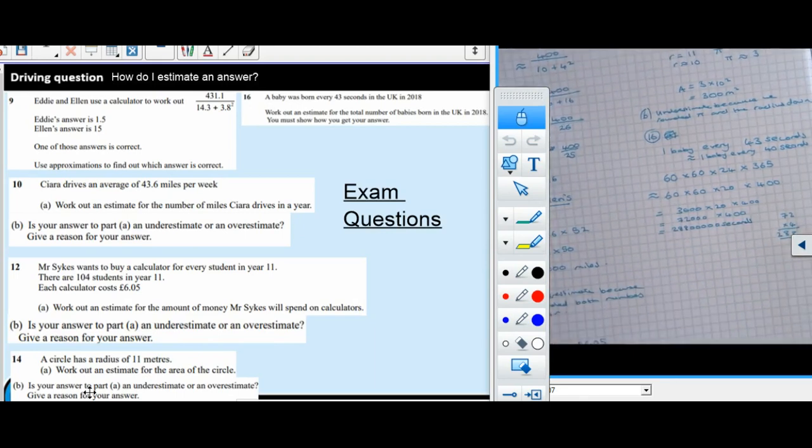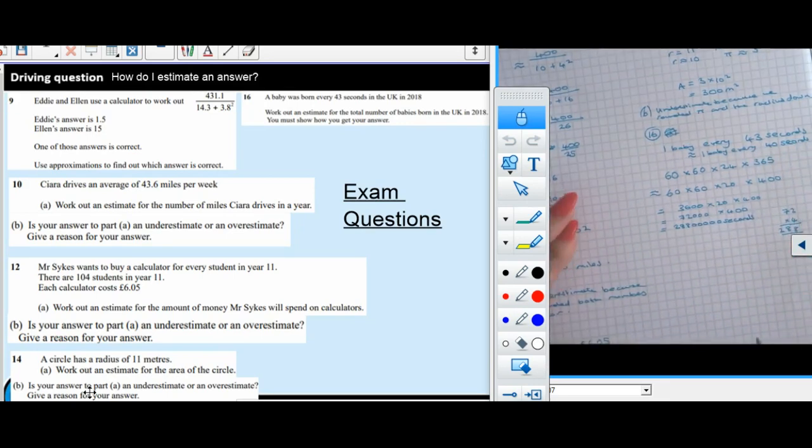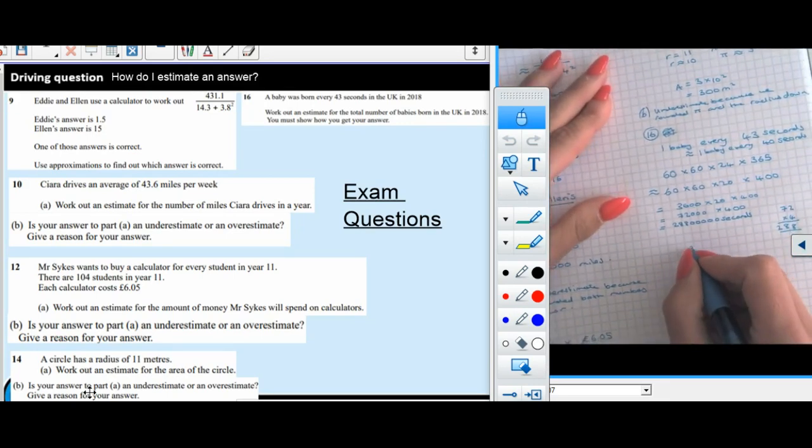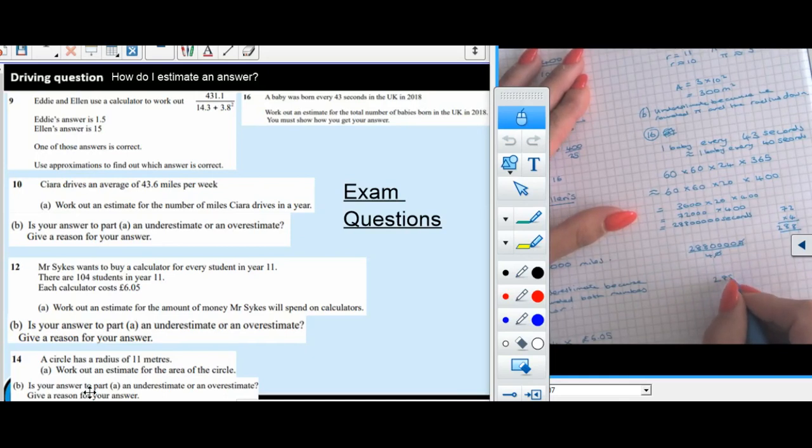Okay, that's approximately how many seconds there are in a year. And we're saying that there's one baby born every 40 seconds. We'll do 28,800,000 divided by 40. Cancel out the zeros. And I'm actually doing 2,880,000 divided by 4.